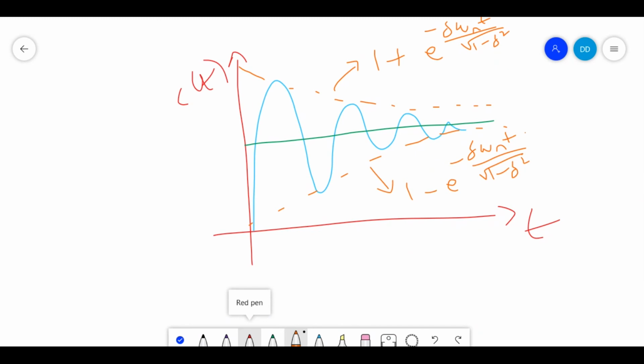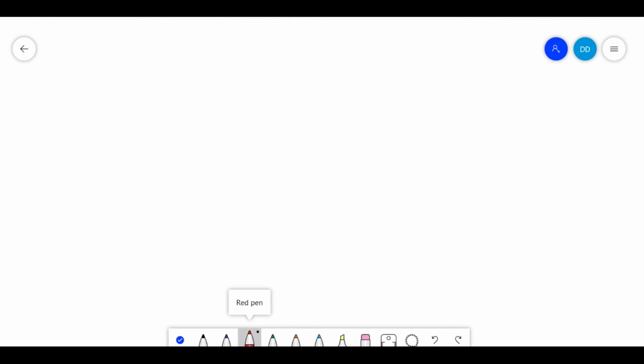It can be either a positive value or a negative value. So it is a decaying sinusoidal, decaying on an exponential envelope. So the last case is overdamped, where zeta is greater than 1.